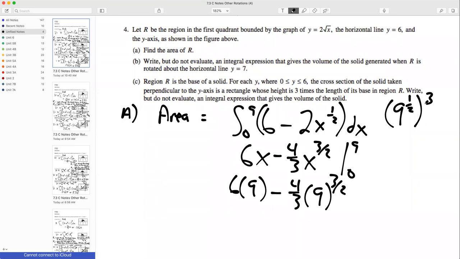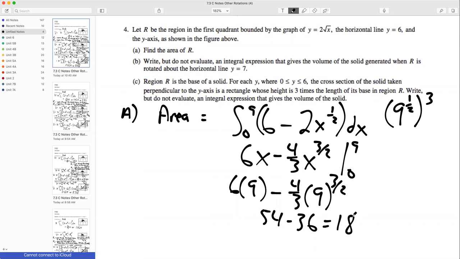So 6 times 9, 54. So I have 54 minus 36, and please don't do all that arithmetic and then mess up the subtraction. That's 18. Woo. Oh, wait, I ran out of room.